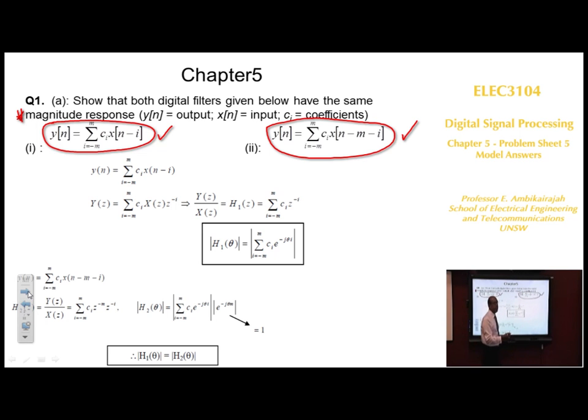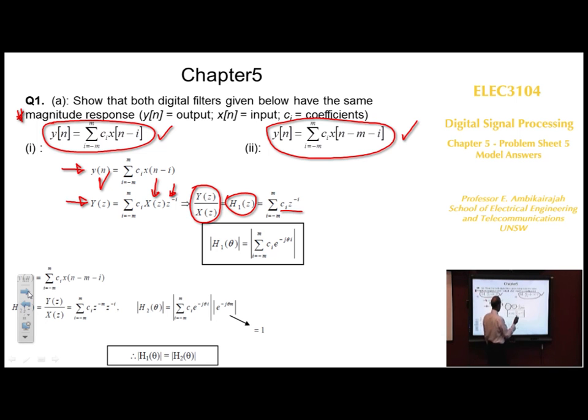So we do one at a time. We start with the first one. So we write the equation, and then we take the Z transform, Y(z), you know how to do that, Σ c_i x(z) z^-i, and then you find the transfer function Y(z) over X(z), which is H1(z), which is Σ c_i z^-i.